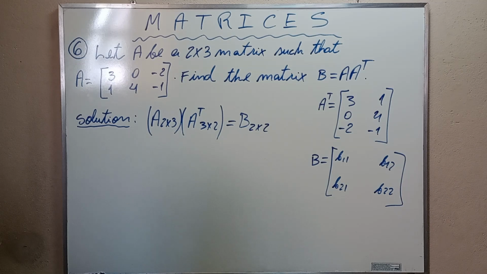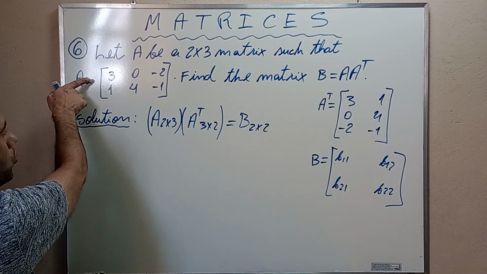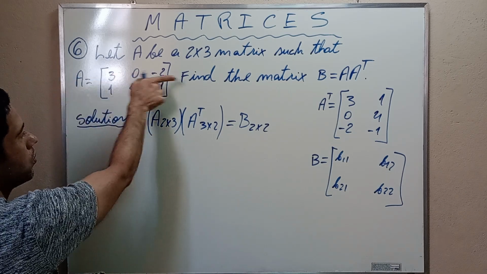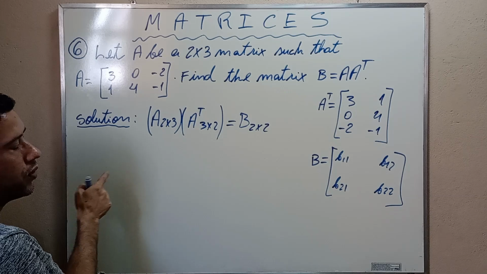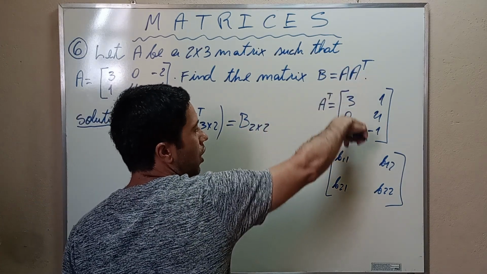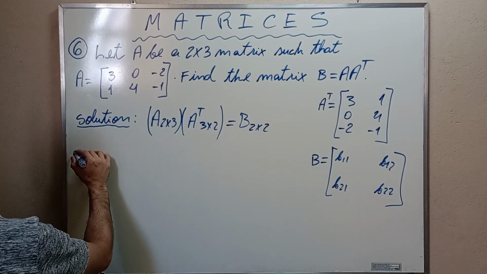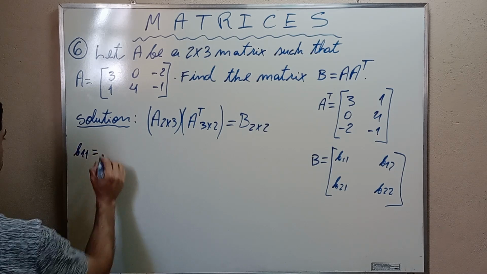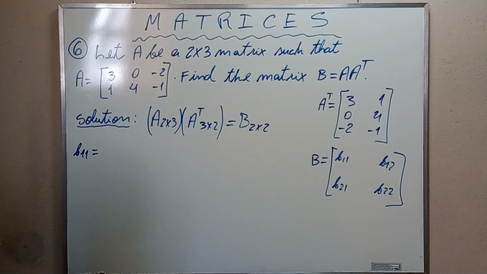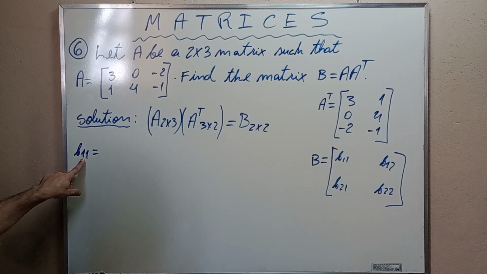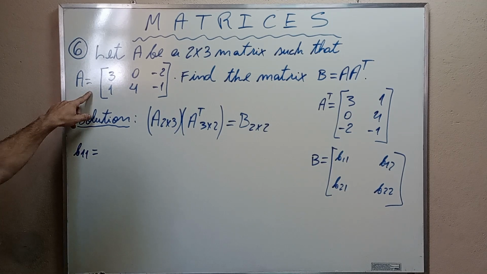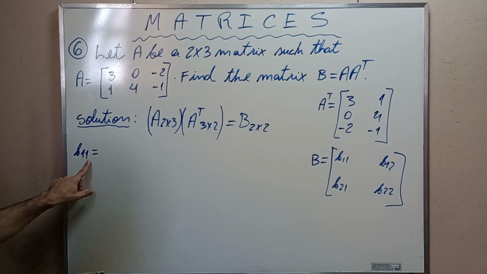And this multiplication is going to be performed in this way. We are going to multiply rows of the first matrix with the columns of the second matrix. B11 is going to be obtained from the multiplication of the first row of the first matrix with the first column of the second matrix.